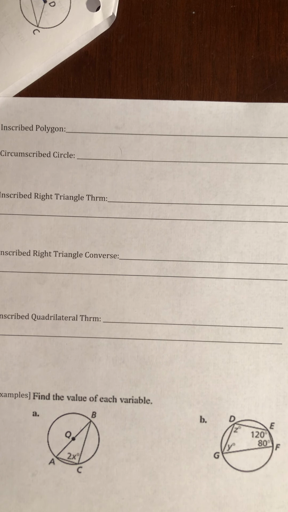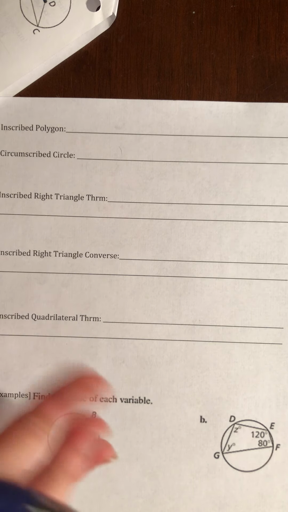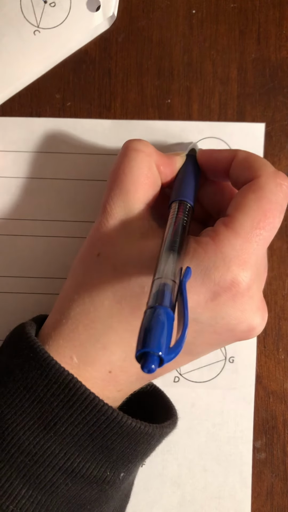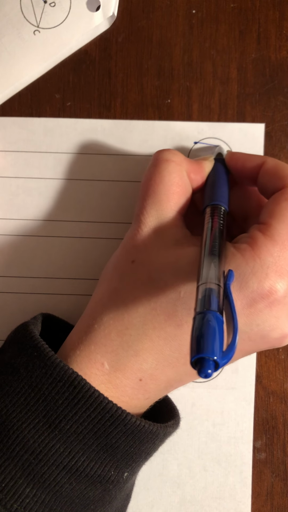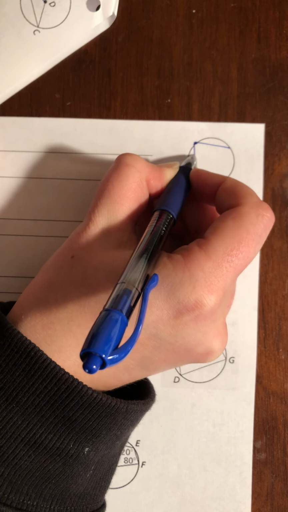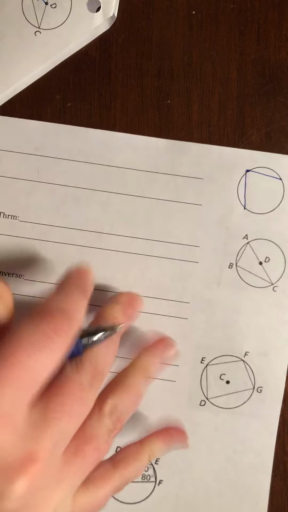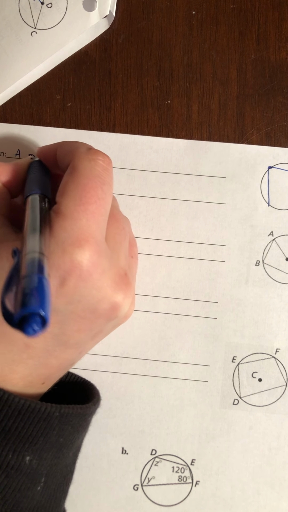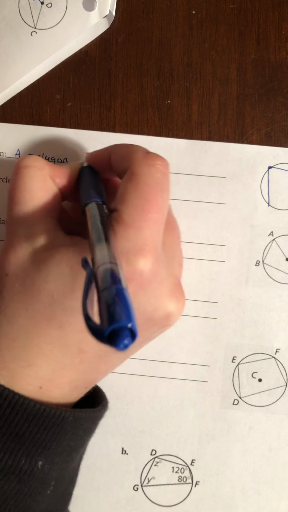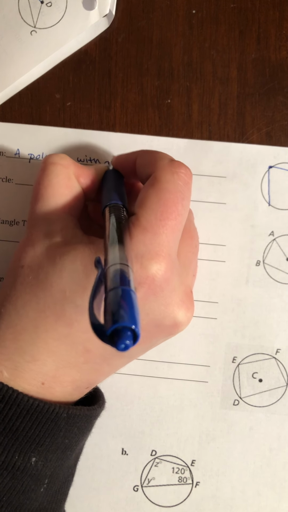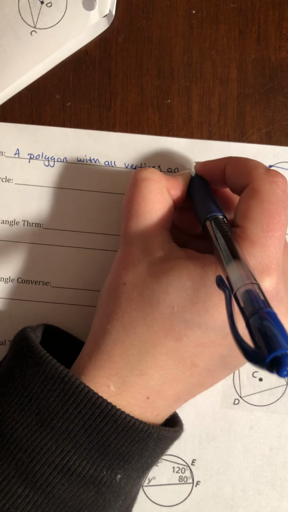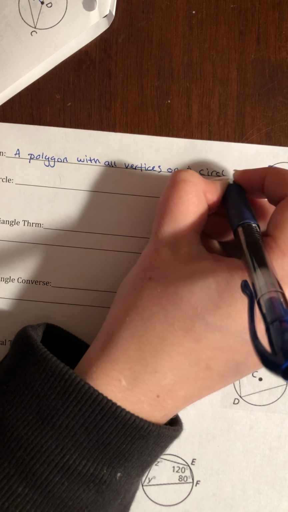So, welcome to 10.4 part 2. We're going to talk about inscribed polygons. The inscribed angle was if you took an angle and kind of went out from there. An inscribed polygon is a polygon with all vertices on a circle.